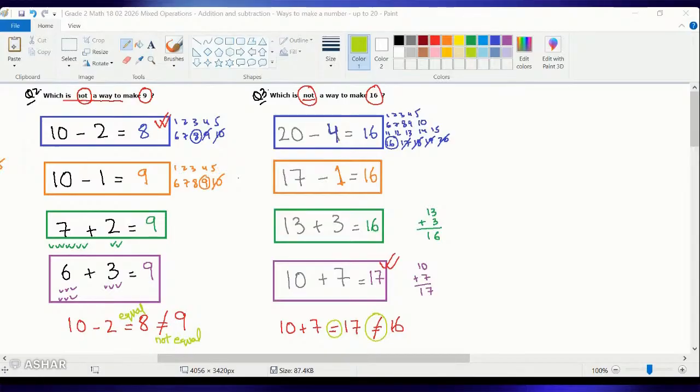For the next question number 4, they're asking us, how do we make a 15?